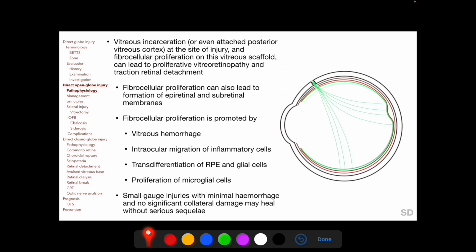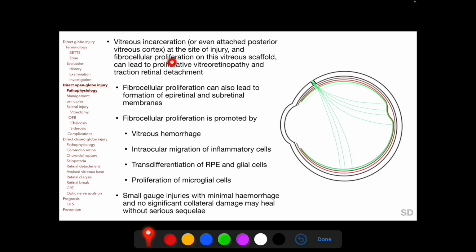Following posterior segment open globe injury, vitreous incarceration at the site of the full thickness defect in the eye wall, as shown here in this diagram, and fibrocellular proliferation on this vitreous scaffold can lead to proliferative vitreoretinopathy and traction retinal detachment, and this is why early vitrectomy is recommended following posterior segment open globe injury, as we will be discussing further in this session.